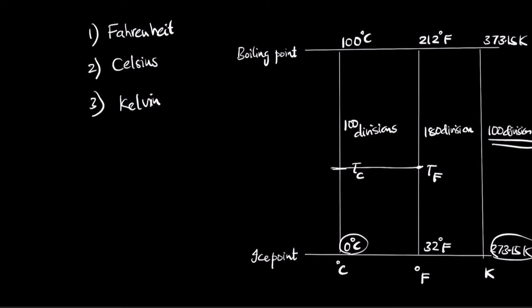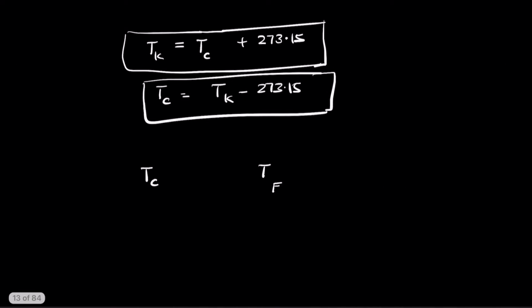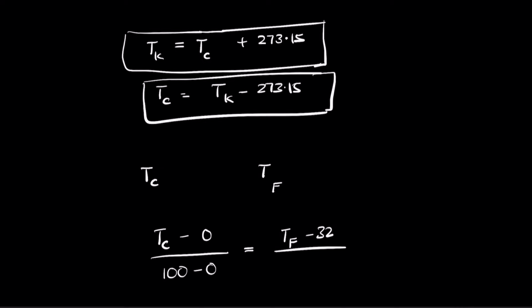Based on the idea that the length is exactly the same fraction of the total length, (Tc minus 0) over (100 minus 0) is equal to (Tf minus 32) over (212 minus 32).